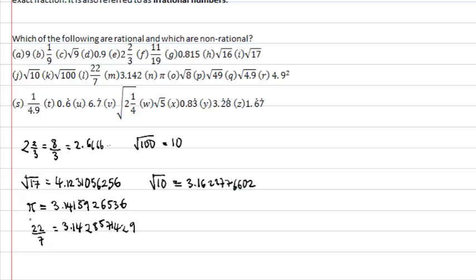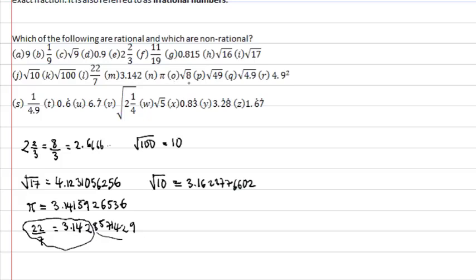So 22 over 7 is an approximation of this long number. They approximated this 5 by rounding it up to 2. So that's why we can ignore this one. It's an approximation. And this one just goes on continuously like that. So this one is a rational number, and that means this one too is a rational number.